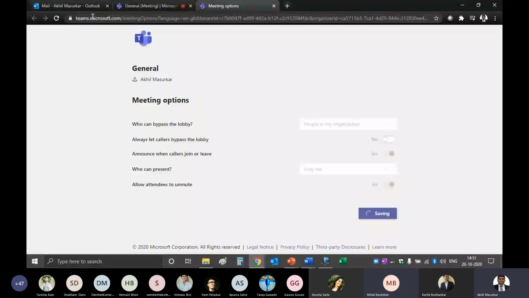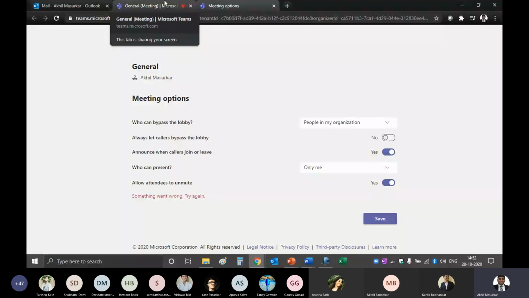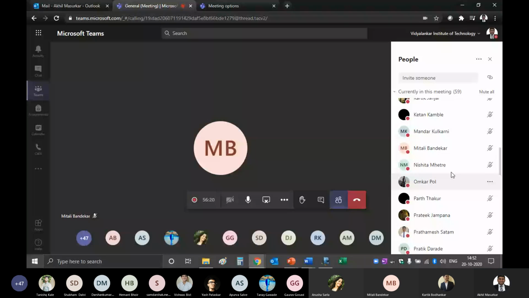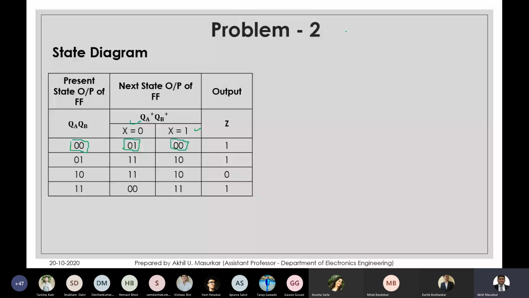Now I will ask you some questions and you will give me the answer. The objective of asking this question is I want to know whether you can read the excitation table, the state table or not. Okay, so let's go back and see. Now I want you to say clearly, you can see Parth and Hemant have answered that we are having 4 states.